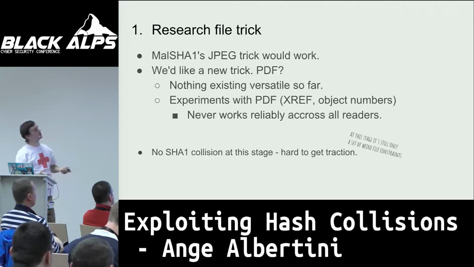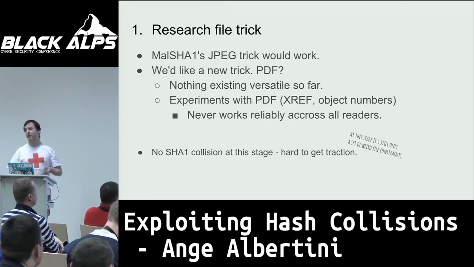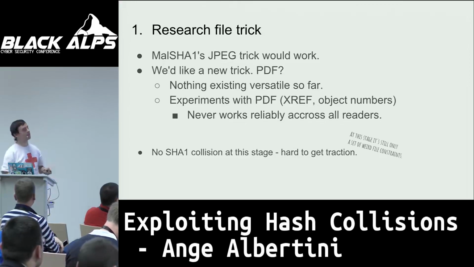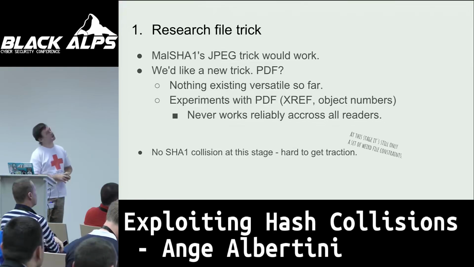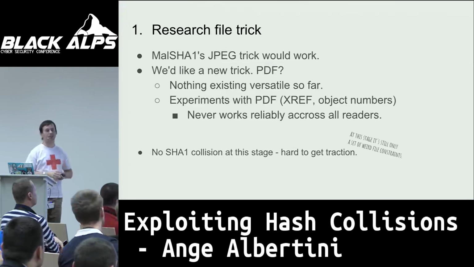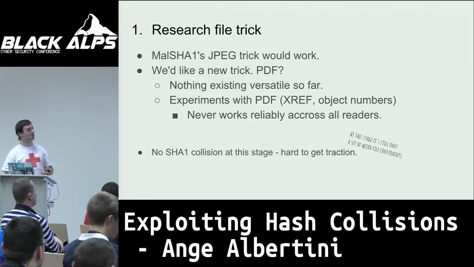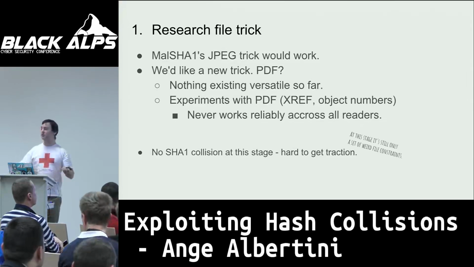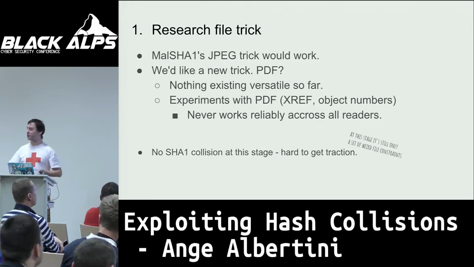So first, I knew that the modified SHA-1 trick would work, but we still wanted a new trick. And then again, PDF. There was a PDF trick I mentioned earlier, but it worked in one reader out of 6. So I really looked for different aspects in the PDF, but it never works reliably. And one funny thing is that when you do this research, the SHA-1 collision doesn't exist yet.